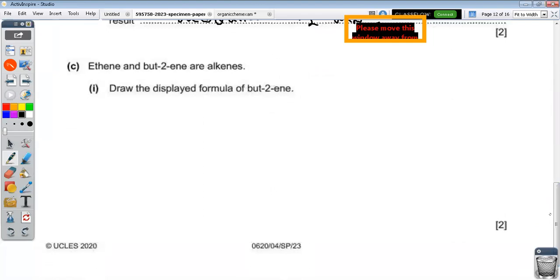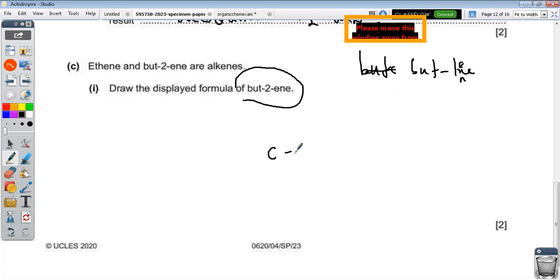Ethene and but-2-ene are alkenes. Draw the displayed formula for what? I want you to pay attention to this word here. Clear? Maybe your teacher didn't explain this. If we have something like this, I'll show you what it means. If I put a 2 in here, as in but-2-ene, this 2 means the double bond.